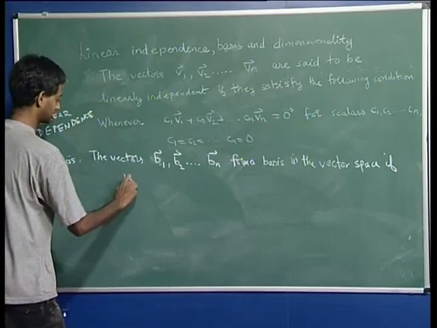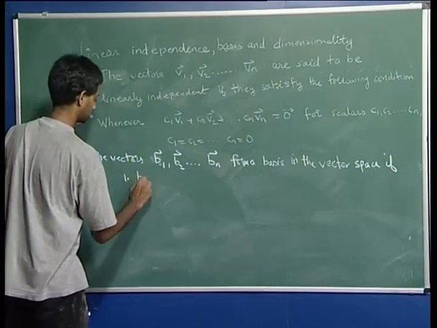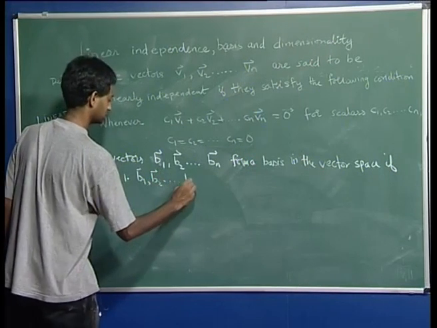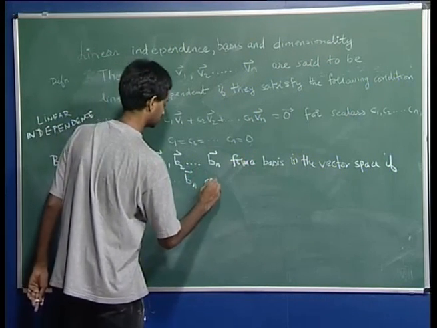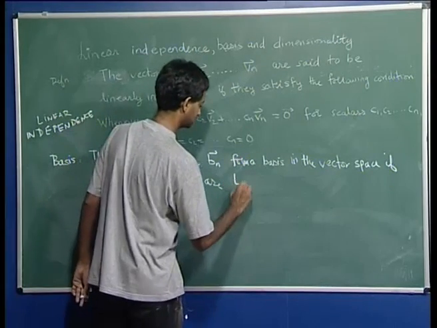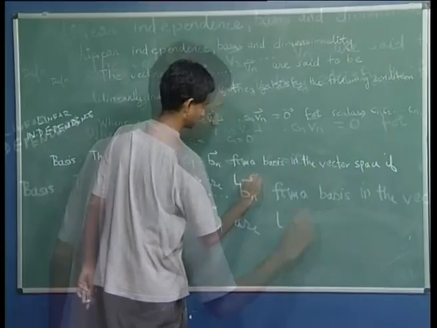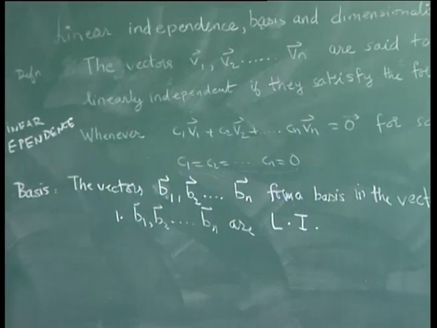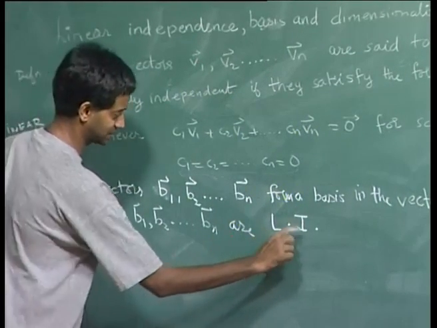The first condition is that b1, b2 up to bn are linearly independent. I will use the term Li for linearly independent. So, all these vectors are linearly independent.